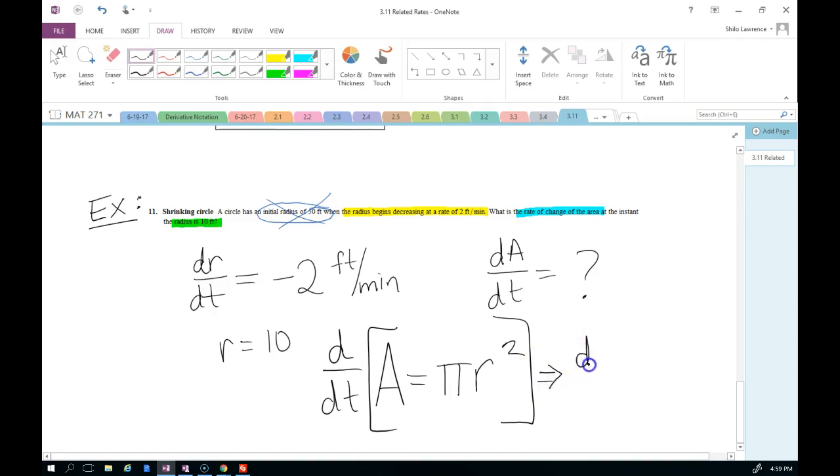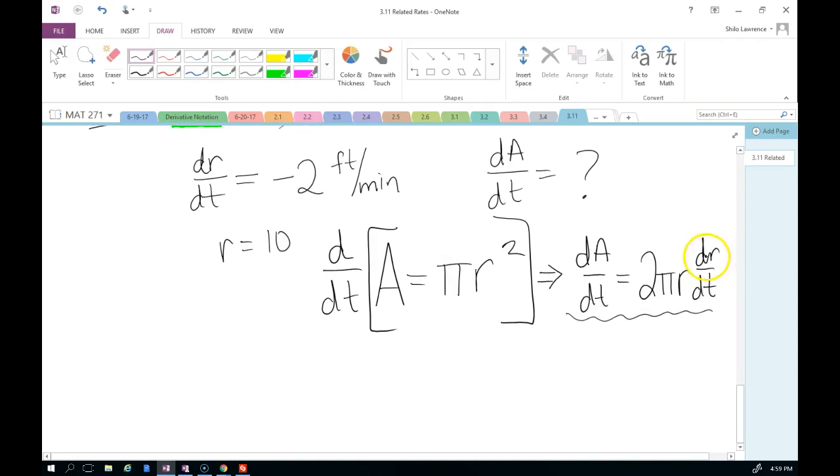So this is going to give us dA dt equals 2 pi r, that's our power rule on the r, and then dr dt, because the r and the t don't match, so we always add that extra piece anytime those variables don't match. This is our related rates formula. This is how the rate of r changing is related to the rate of A changing.